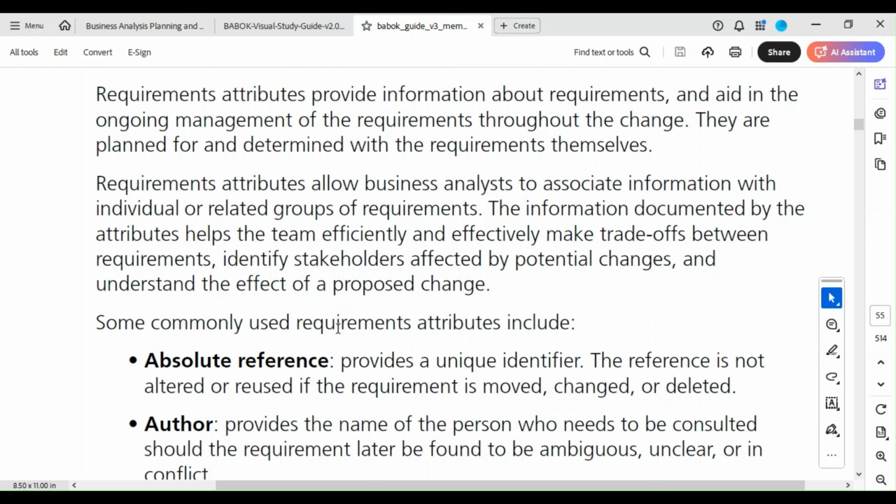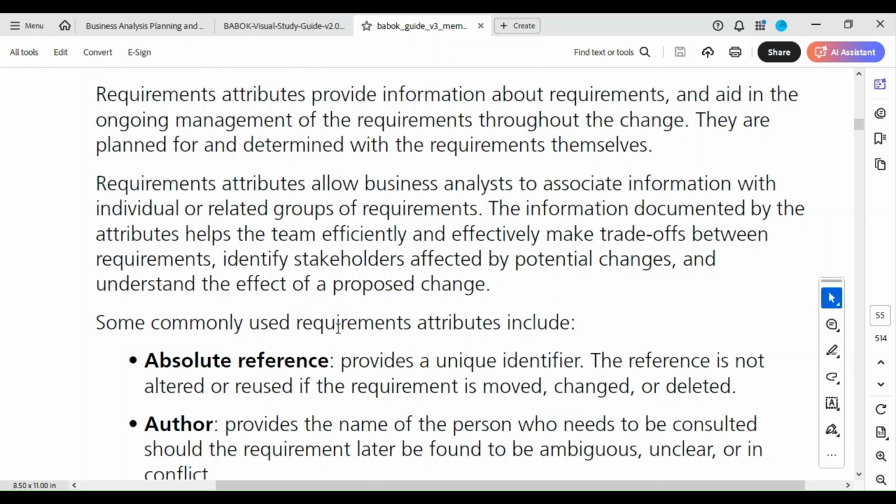So when you know the characteristics of your requirement, you know the trade-offs. Oh, I think this requirement is a repetition of the other requirement, or there are some characteristics in this requirement that exist in the other requirement. So I think we can maybe leave this in the parking lot or remove this entirely and take this up. Okay, so it also helps you to identify stakeholders affected by potential changes.